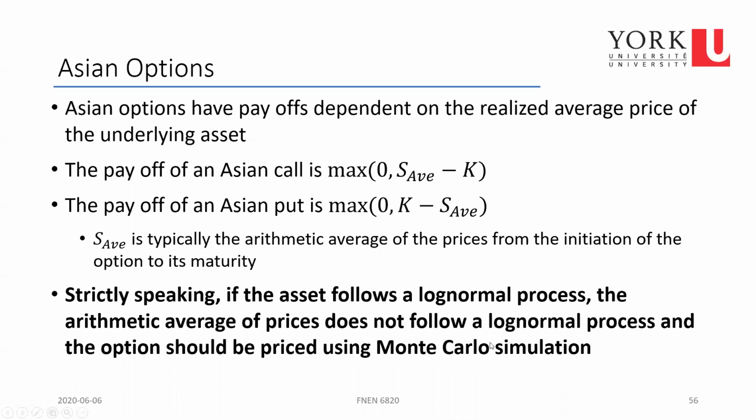But if you really want to have a closed form solution, you can relax this difference a little bit and try to get a distribution here. And then you can try to get yourself a closed form solution.